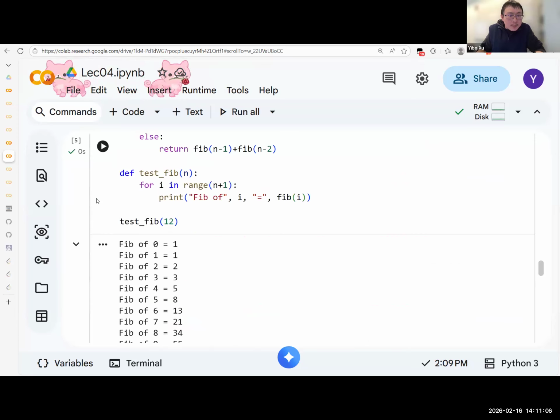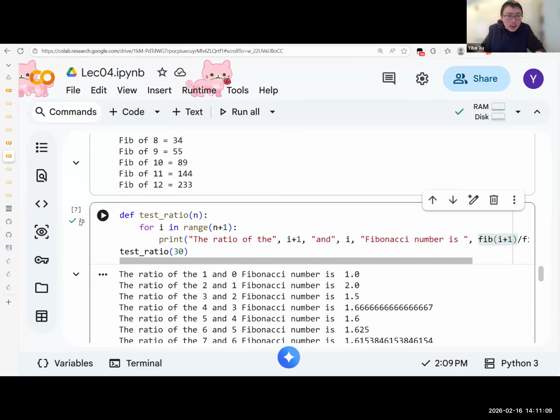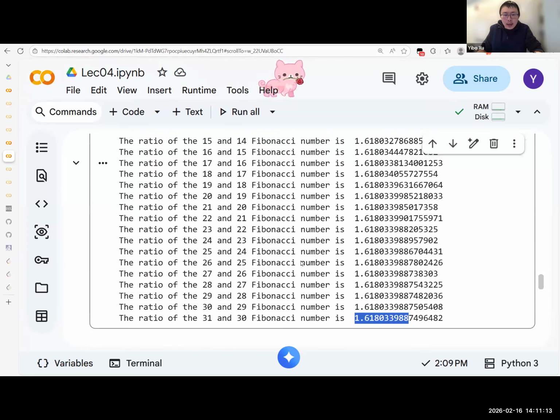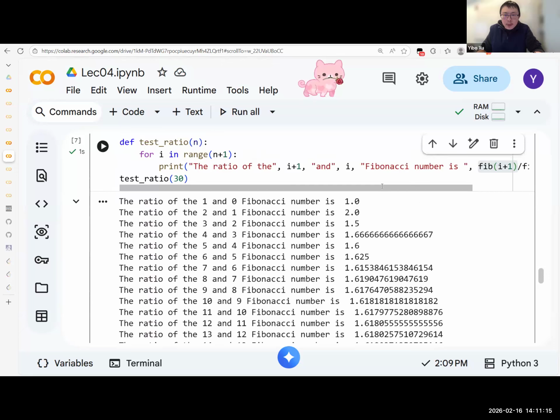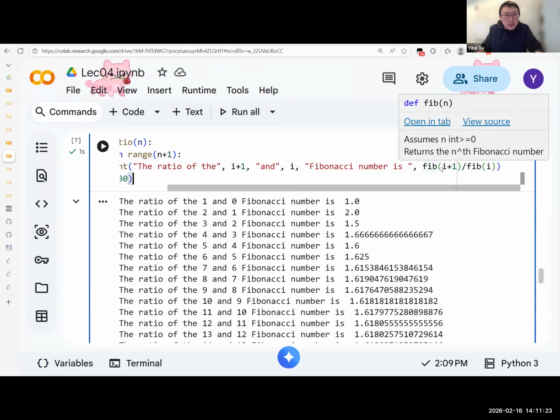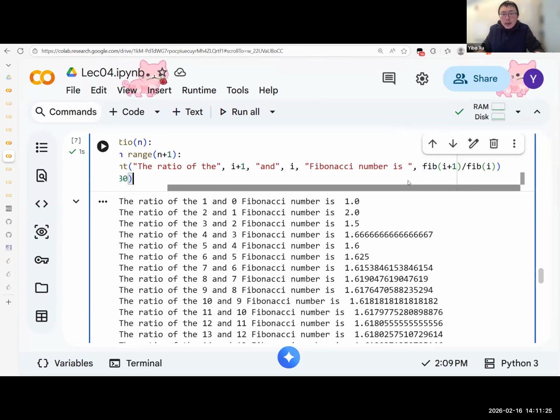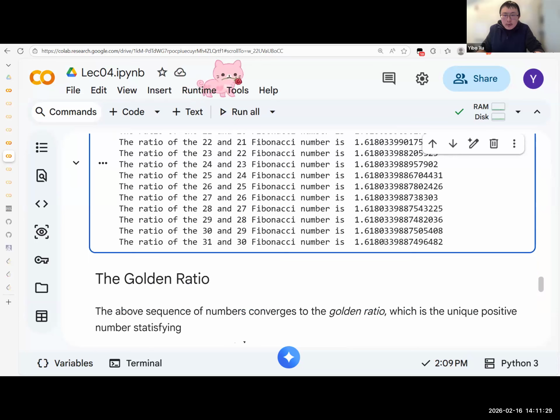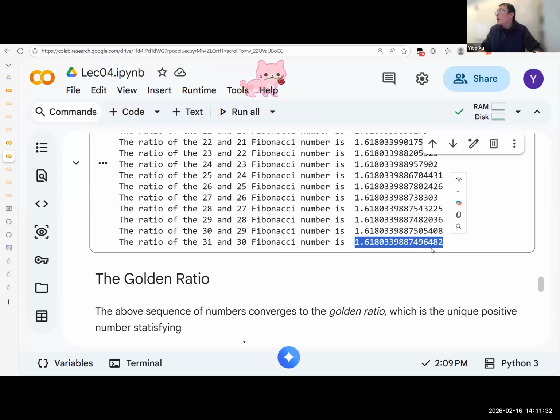This is much longer than usual implementations. Why? Because if you're thinking about, let's say, the last line, the last line is fib of 31 over fib of 30. So if you are calculating fib of 31 over fib of 30 and getting this ratio, you are actually computing fib of 30 and fib of 29.